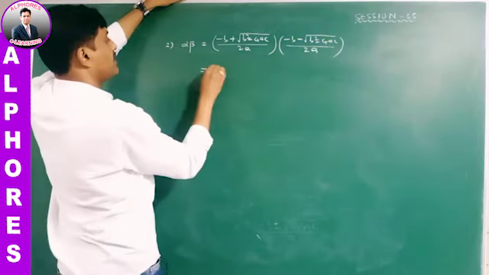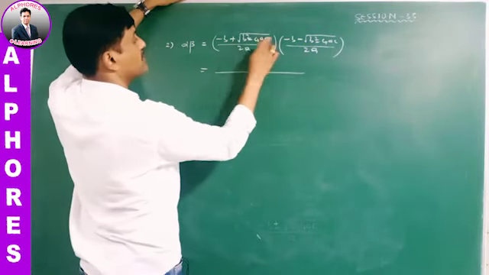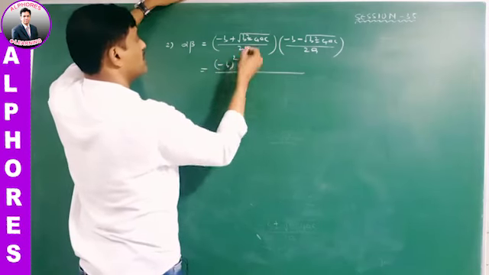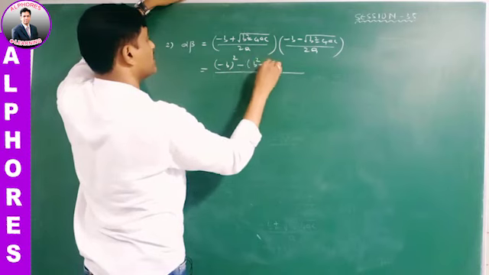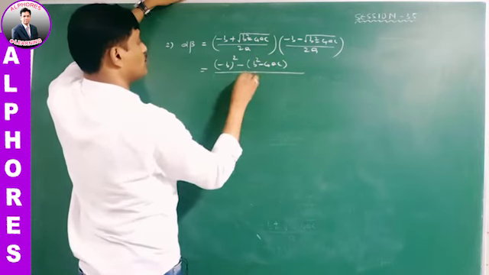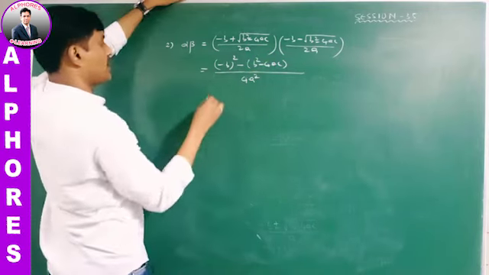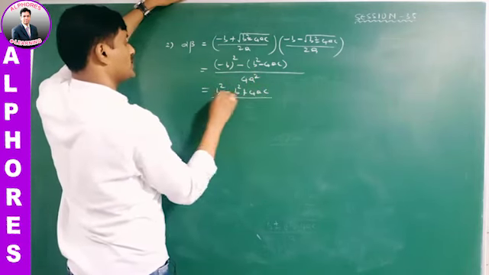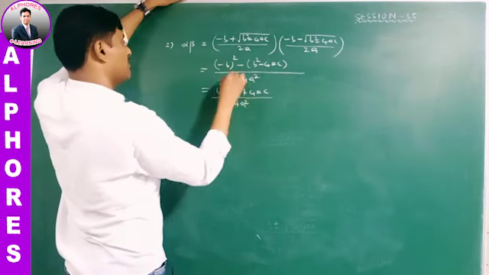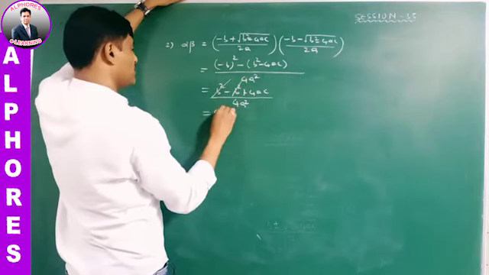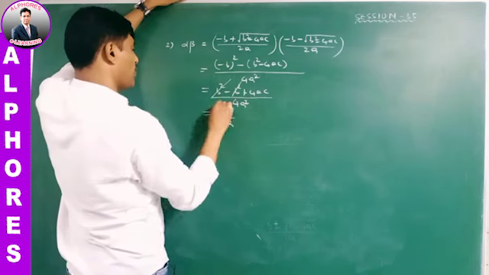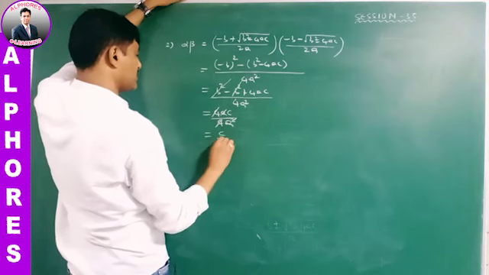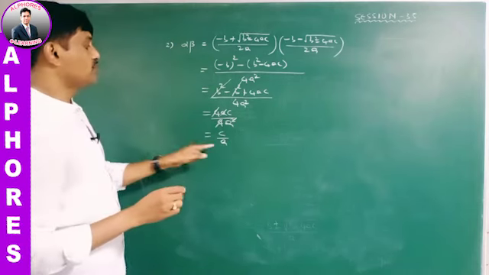Now it is very clear, it is in the form of (a + b)(a − b). A² means (−b)², minus b² means the root cancels, that is b² − 4ac. 2 into 2 is 4, and a into a is a². This is b² − b² + 4ac over 4a², the b² cancel. This is 4ac/4a², the 4 cancels and one a cancels, and now we get c/a. Therefore the product of the roots is c/a.